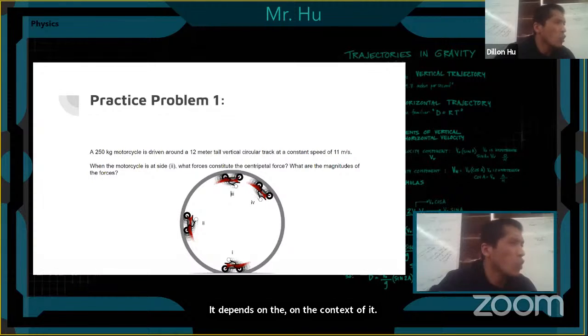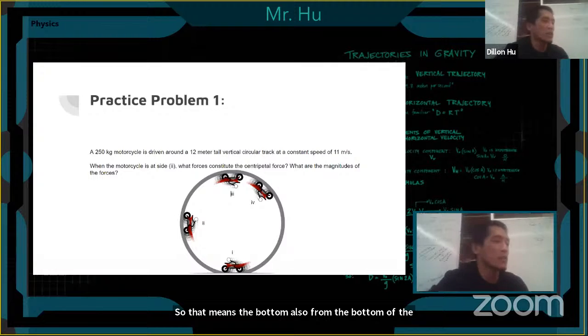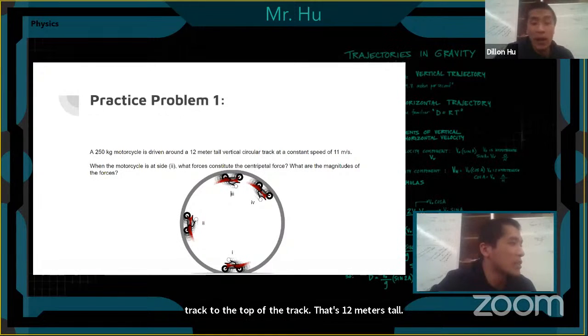So we're going to look at this particular problem. A motorcycle is driven around a 12-meter tall vertical circular track at a constant speed of 11 meters per second. So from the bottom of the track to the top of the track, that's 12 meters tall, and it's going around at a constant speed of 11 meters per second.